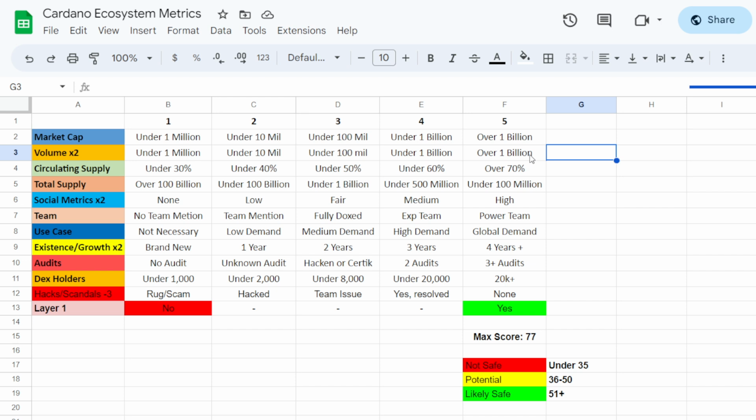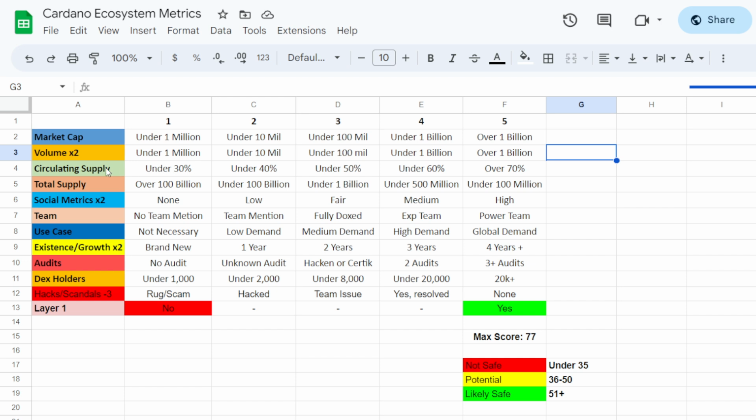Like as an example, Cardano itself, you could trade $1 million worth of Cardano in 2 seconds and not suffer any slippage, really. Maybe a little, but not much at all. That's why volume is key. So I gave volume a 2x multiplier over its point value.